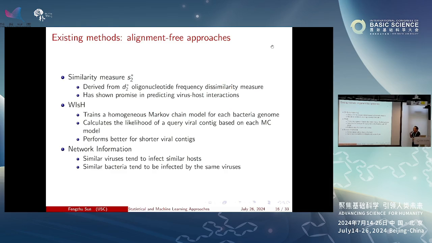So we used this measure, the so-called D2 star, and we got some recognition for this piece of work some time ago. And then we used this measure, D2 star, or the change to similarity measure, that's S2 star, to measure the similarity between the virus and the host.